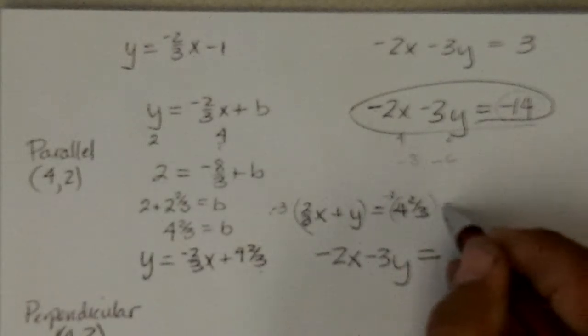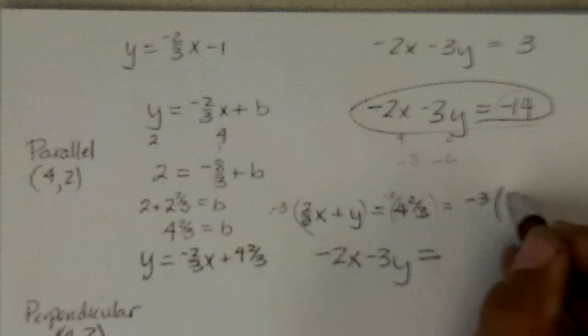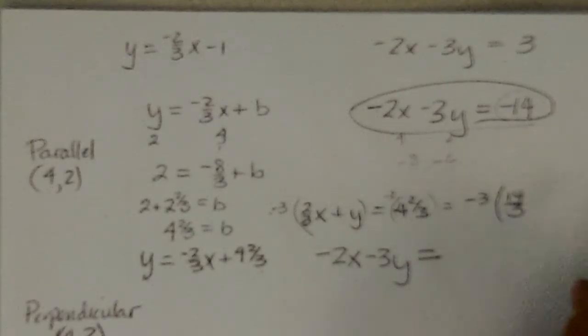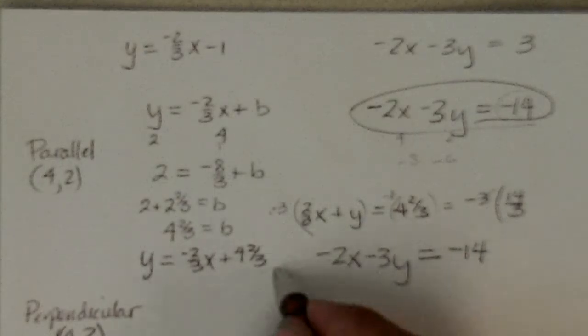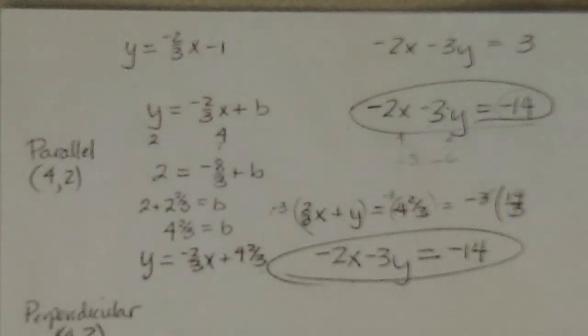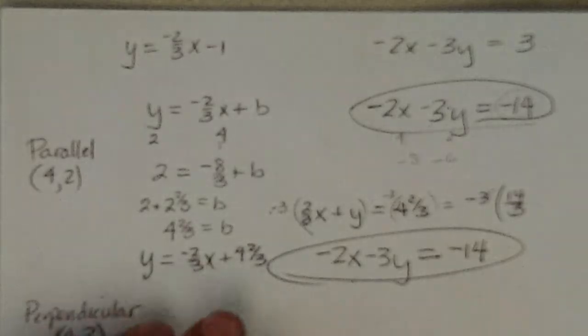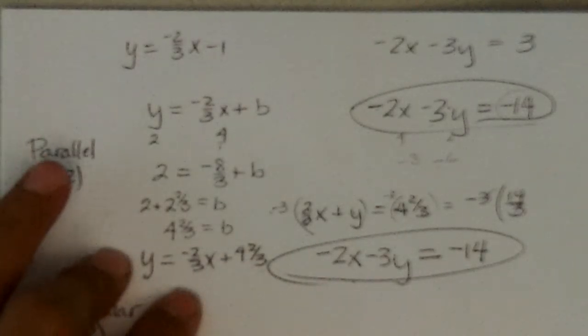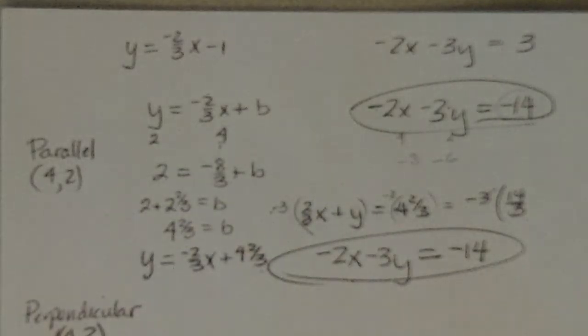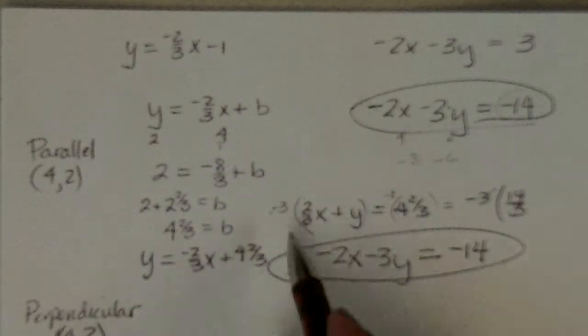So I'm taking negative 3 times 14/3, the 3's cancel, and I get negative 14. That matches that. So I change this to this, which is another skill I want you to be able to do: go from the slope-intercept form to the general form.